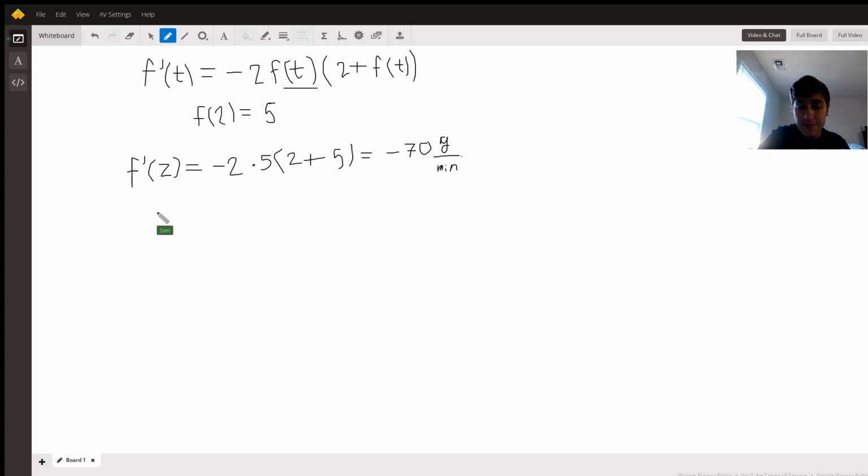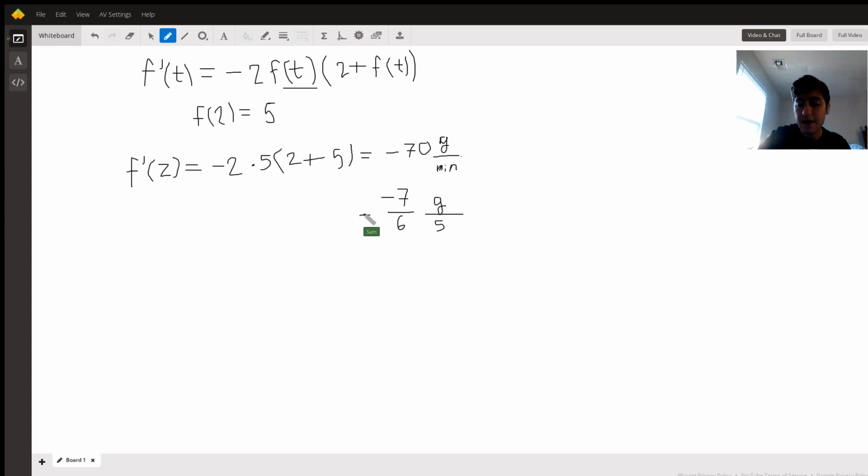So we get -70 over 60, which is the same as -7 over 6 grams per second, as opposed to grams per minute, because we've divided our number by 60. So now we're measuring in seconds.